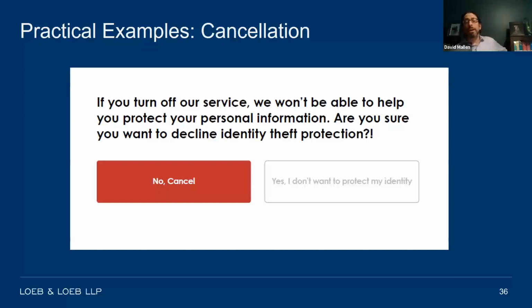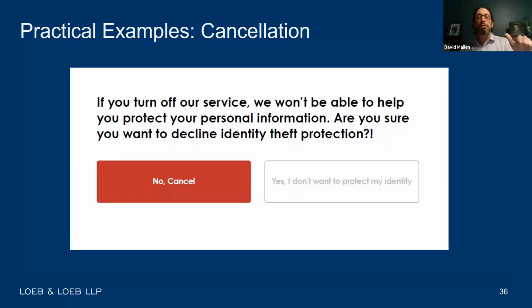I think the FTC would find this one fairly egregious. Our colleague Caroline Hudson and I had a conversation, and we talked with Mary Engel, who used to be the head of advertising practices at the FTC, and she was concerned about this one because of that word cancel. It's used in a misleading way here.